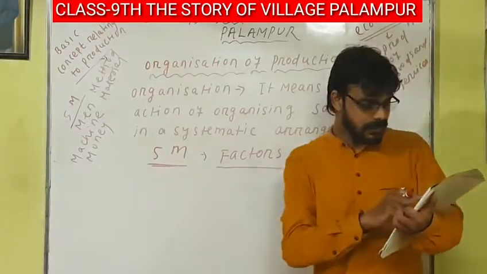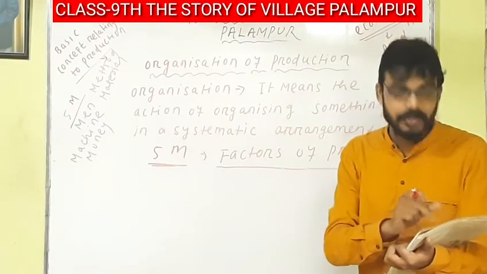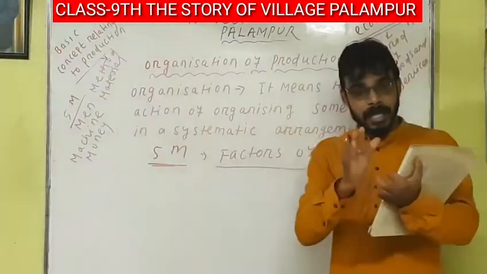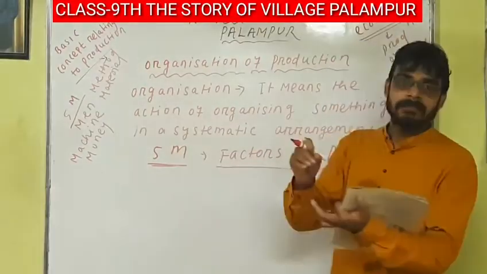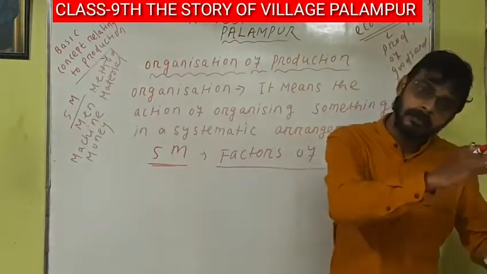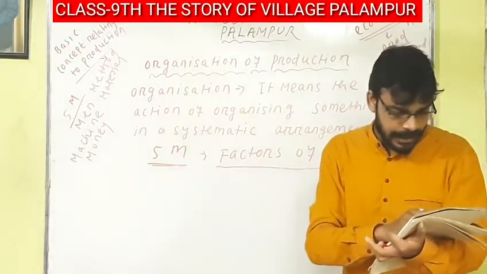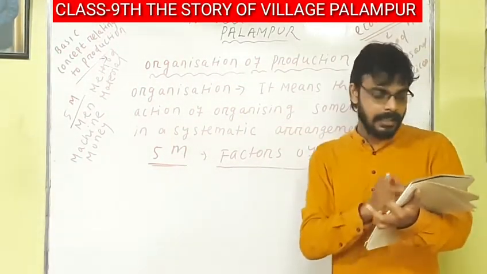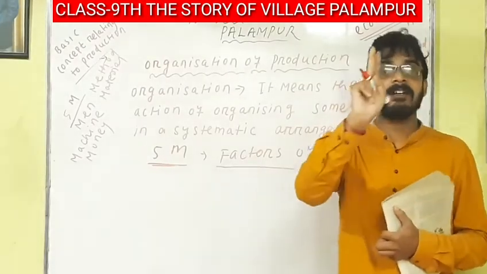The third requirement is physical capital. That is a variety of inputs required at every stage. That means to produce sugar, we need various materials, and we also follow different stages. What are the items that come under physical capital? Physical capital is divided into two parts.